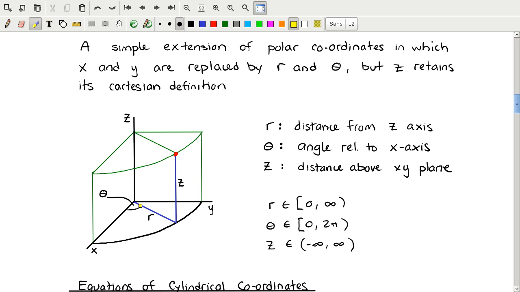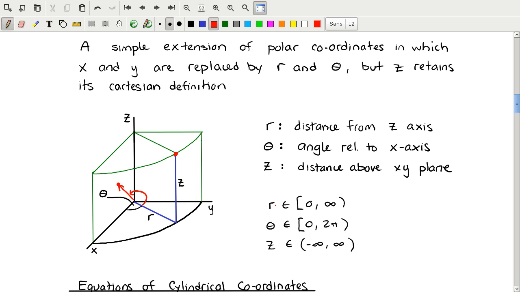You can define a location if given a negative value of r. You could say, for instance, that if in this picture we let r be negative, then it would be going back this direction. But if we're defining a coordinate in space, we always choose a positive value of r, because if I wanted to be over here, I could just increase my angle to get over there and reach that same point with a positive value of r.